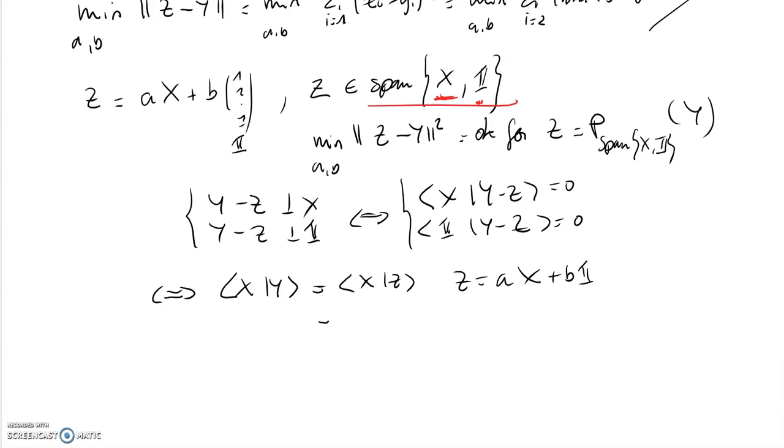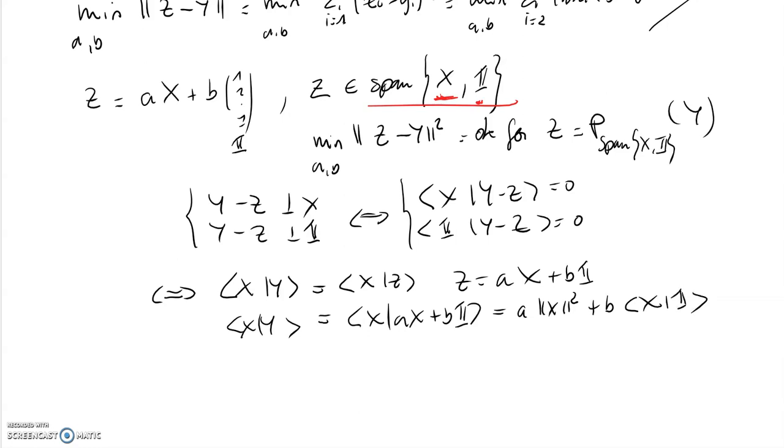So x with y should be equal to x with ax plus b times 1. Expanding by linearity gives me a times the norm of x squared, x scalar with x, plus b times the scalar product of x with 1. That's my first equation.